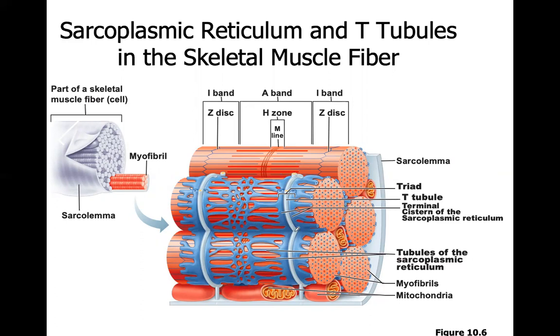The light blue color that you see going throughout your muscle cell is a continuation of your sarcolemma. Here's your sarcolemma, here's the continuation. This light blue color is your T tubules, which are responsible for spreading the electrical impulses, or depolarization, within your muscle fiber.